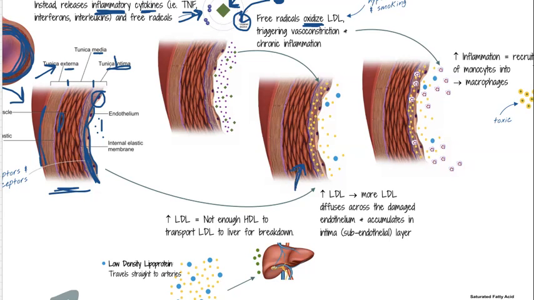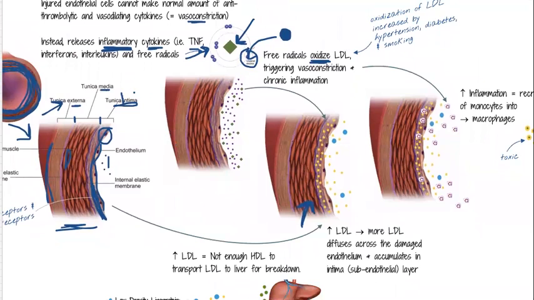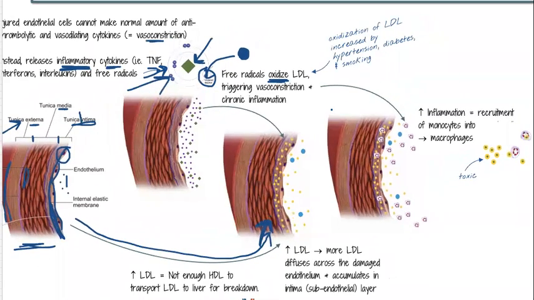You can break this down and get really complicated, but you just need to know there's a buildup of LDL. So if you look at this process here, you've got that damage to the endothelium, which has caused a release of these free radicals. But you also have these LDLs that have been building up in your system. So you have too much LDL as it is, and now all of these LDLs are becoming oxidized.